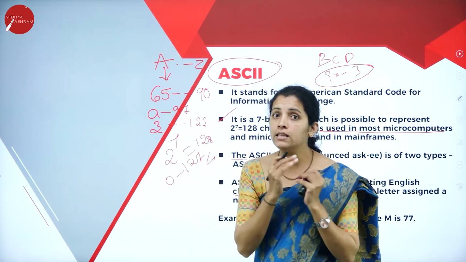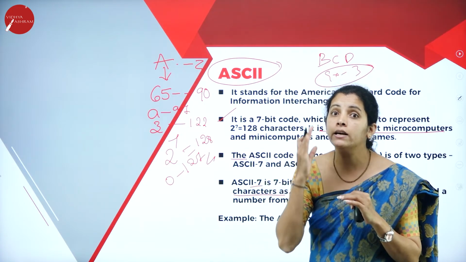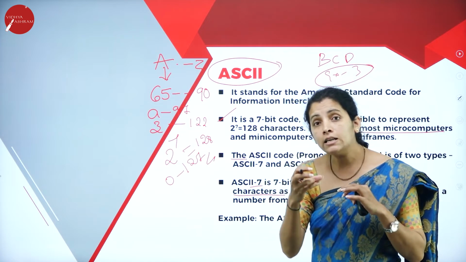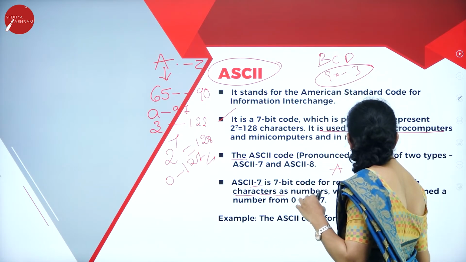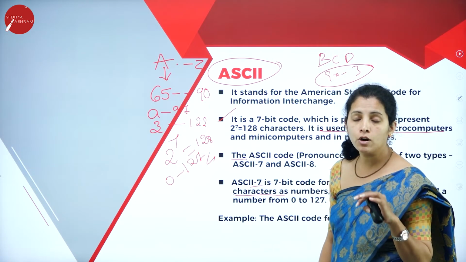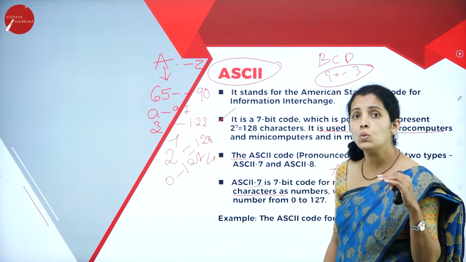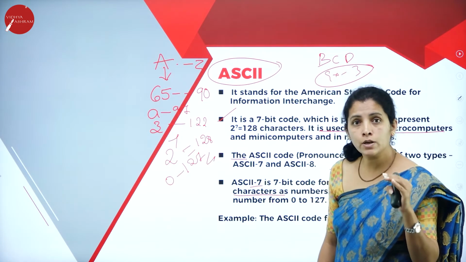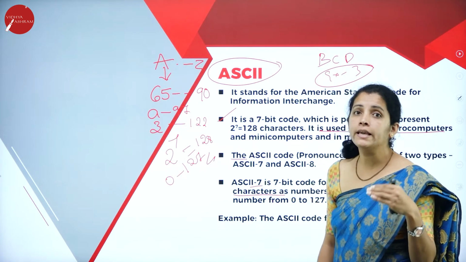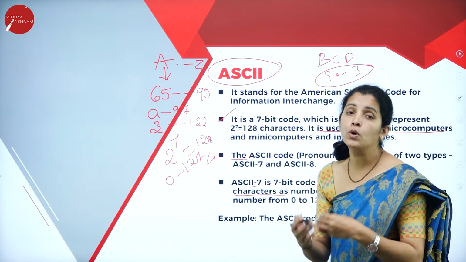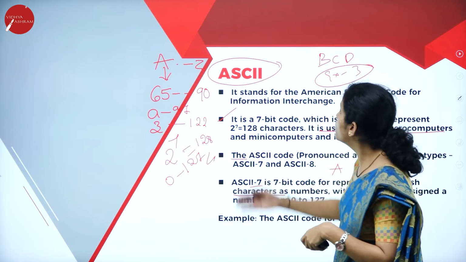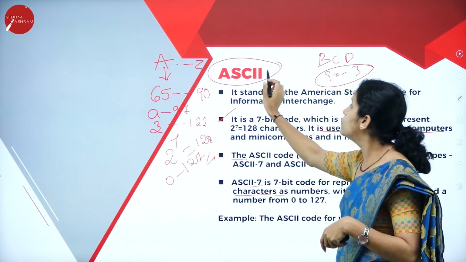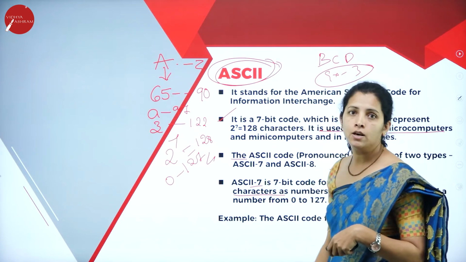For example, think that I have capital letter M. That means I'm going to press capital letter M. That is converted into its code because computer understands only machine language or binary code, and to convert the character to machine code or binary code, we use computer codes. In that, we use ASCII code.